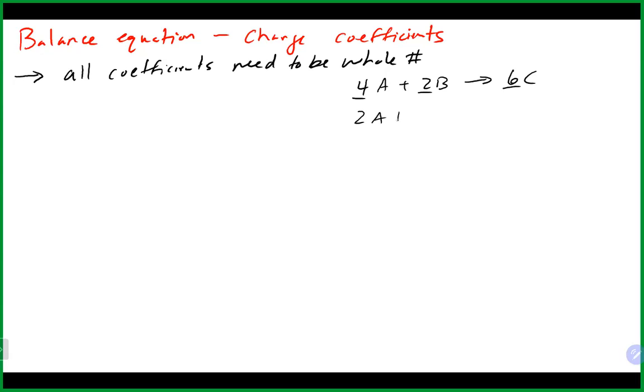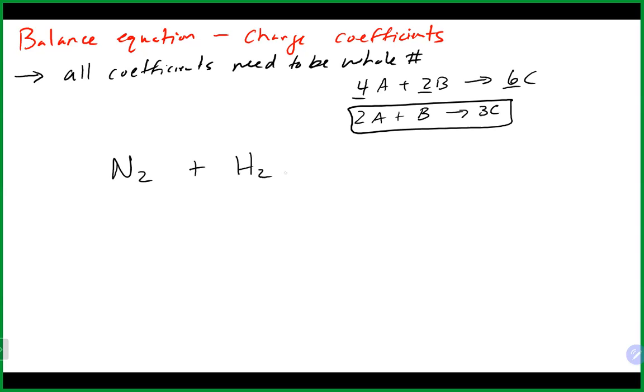You would need to go through and divide everybody by 2 and then you would have the properly balanced equation. So that's what it means by the lowest, simplest whole number ratio that's present. All right, so what is the approach for balancing equations? Let's take a look at some here. Let's say we have N2 plus H2 makes some NH3.